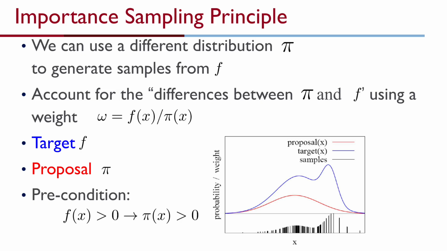Then, we correct for the difference between the target and the proposal by assigning each sample a weight. The importance weight is the value of the target distribution at the sample location, divided by the value of the proposal distribution at that location. This weight adjusts the samples so that the weighted samples effectively follow the target distribution.